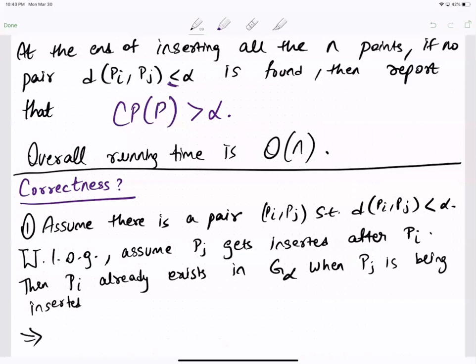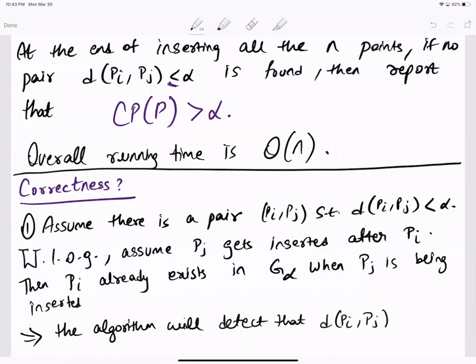It implies that by the description of our algorithm, because Pj is inserted after Pi, when Pj is being inserted, the algorithm will detect this pair Pi and Pj, will detect that the distance between Pi and Pj is less than alpha.